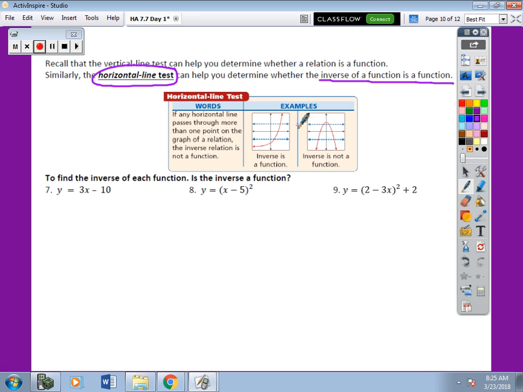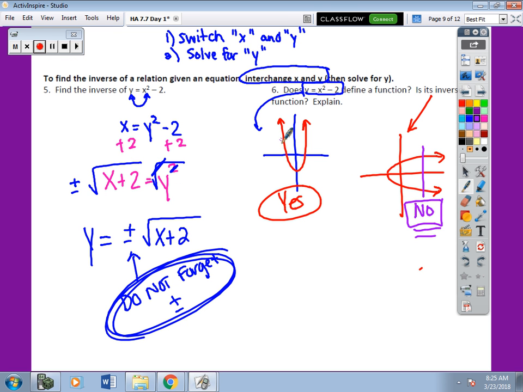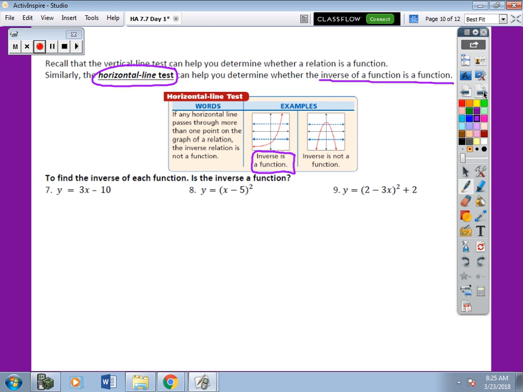If the horizontal line only touches at one point, then the inverse will be a function. If it touches at more than one point, then the inverse is not. So let's go back. If I use the horizontal line test on the original, see how it would fail? Which is going to tell you that the inverse is not a function. So it's something that tells you about the inverse without having to graph the inverse. You don't have to use it if you don't like it.